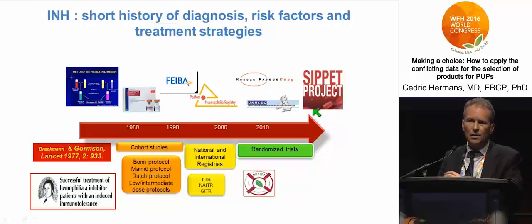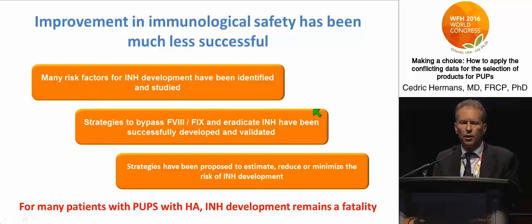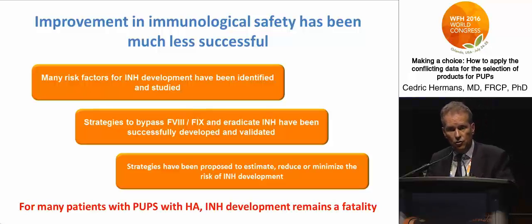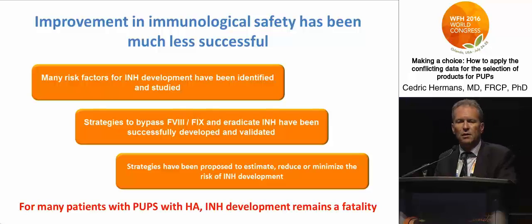So what can we summarize in terms of inhibitor development? Well, we know that there are many risk factors for inhibitor development. They've been identified, they've been studied. There are also, and this is very good news, strategies to bypass factor VIII and factor IX and to eradicate the inhibitor. They've been successfully developed and they work in a significant fraction of our patients.